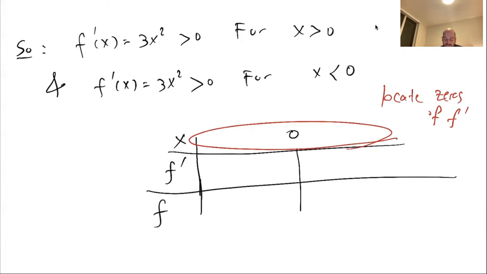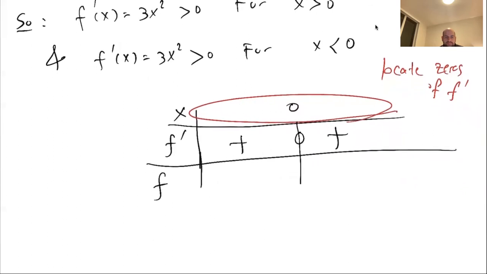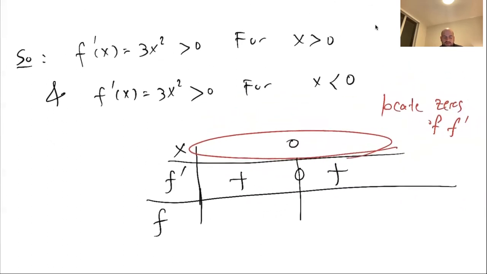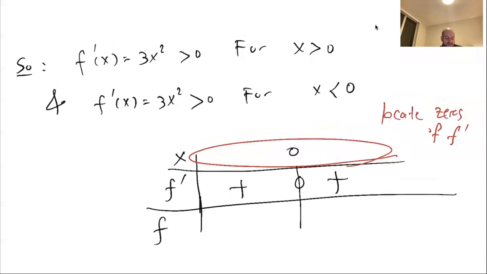So f prime is 0 here, and positive here, positive here. We said that for x less than 0, f prime is positive, for x bigger than 0, f prime is positive. So this region corresponds to x less than 0. This region corresponds to x bigger than 0. F prime is positive in both these regions, and therefore f is increasing on both these regions.